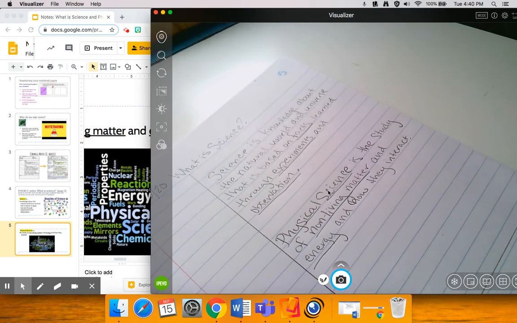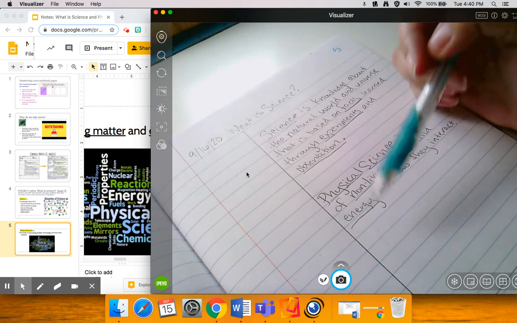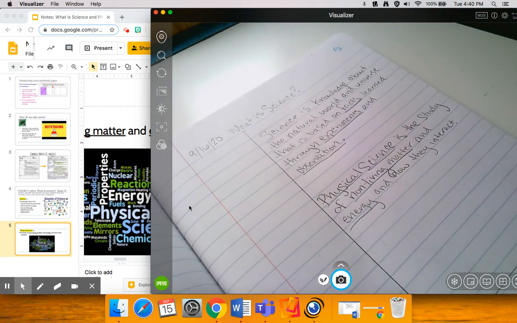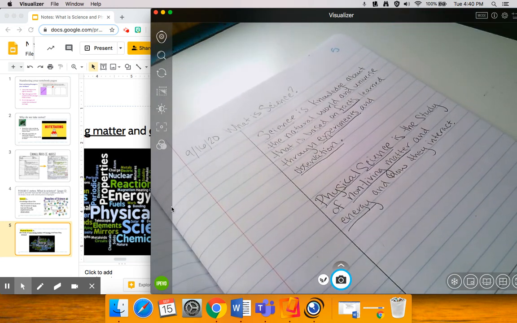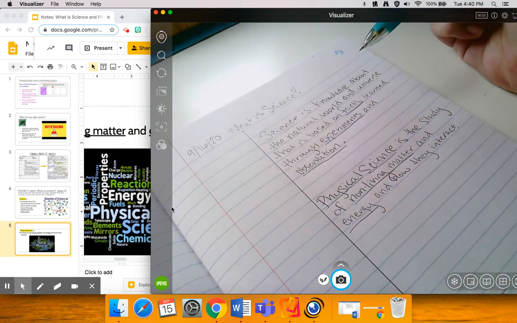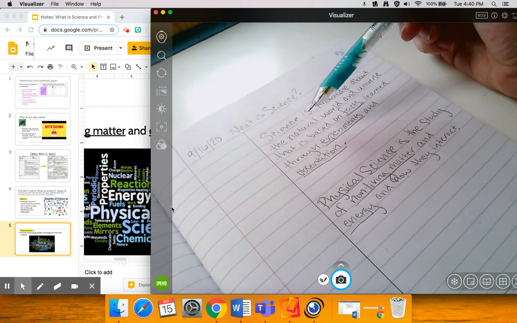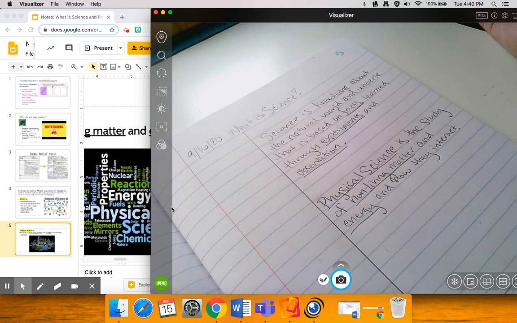So if we remember in our note-taking slide, the C notes, we are missing something off in this small column off on the side. This is where we can come up with our own questions, or sometimes I'll give you the questions that go with the notes. So today it's pretty simple. We just have a definition for science. So what would be a good question that would go with that?